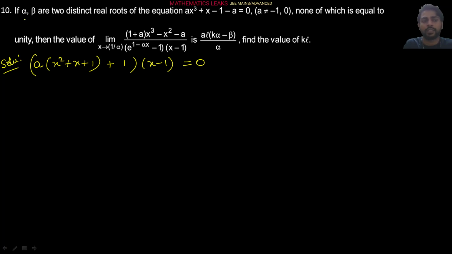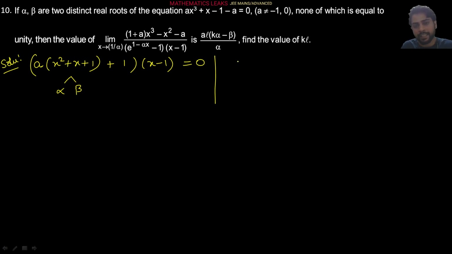So the question says alpha, beta are two distinct roots, none of which is equal to unity. So none of alpha, beta can be 1. So alpha, beta roots will come from this part. So let's solve this quadratic equal to 0 having two roots alpha and beta.